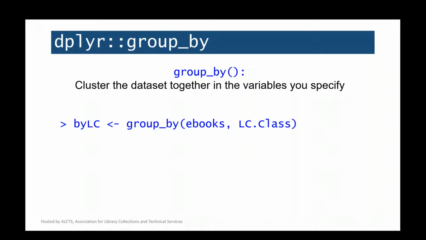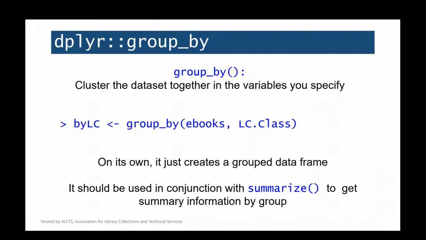That means all of the items with LC class A will be grouped together, then B, C, D, and so on. On its own, this just creates a grouped data frame. So it's the same number of items, 10,000 items, but they're all just grouped together.